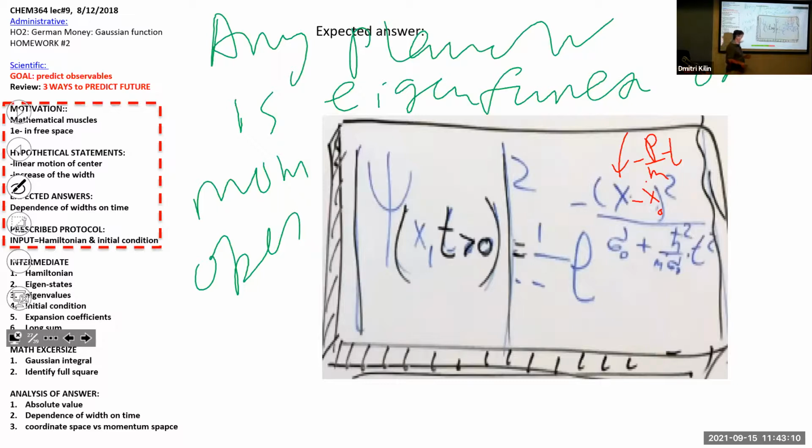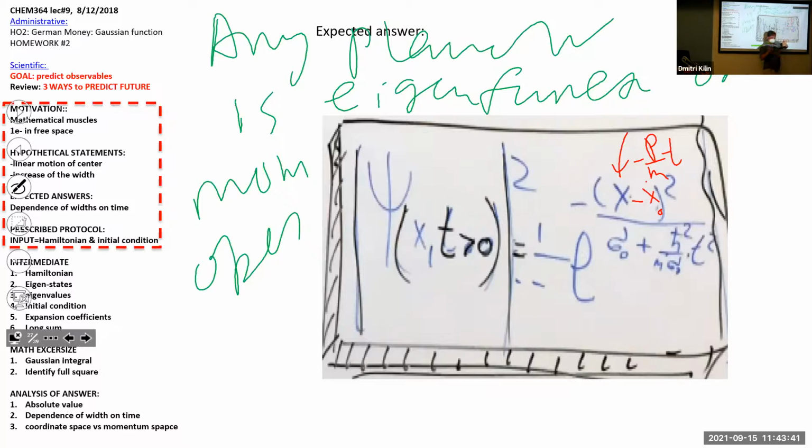So we are going to speak not about the wave function itself, but the probability distribution, the wave function squared, absolute value squared. And we will select such initial conditions that the wave function squared will be bell shape. Our answer for time bigger than 0, the absolute wave function squared, I skip the normalization factor, will be exponential, where in the power we have x minus x naught and minus momentum over mass times t.